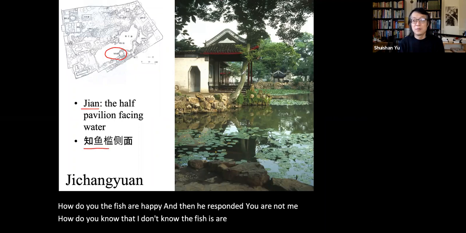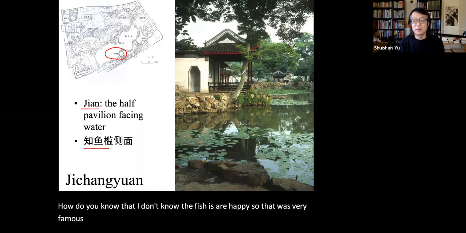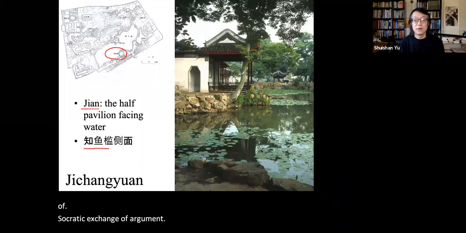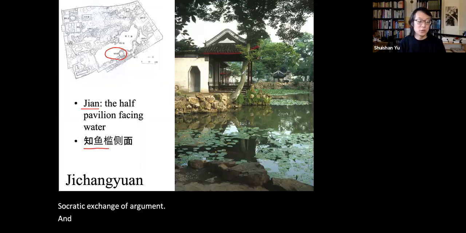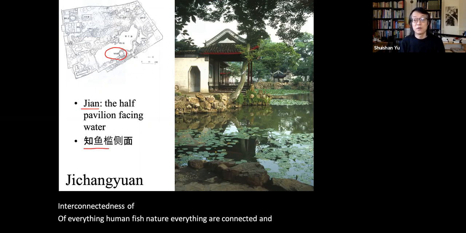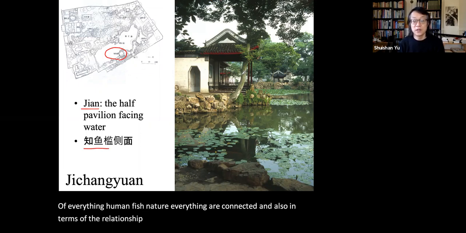So that was a very famous Taoist story, and it just goes back and forth, having that kind of Socratic exchange of argument. And it is built into the Taoist philosophy about the interconnectedness of everything, human, fish, nature, everything are connected. And also in terms of the relationship between objectivity and subjectivity in that argument.